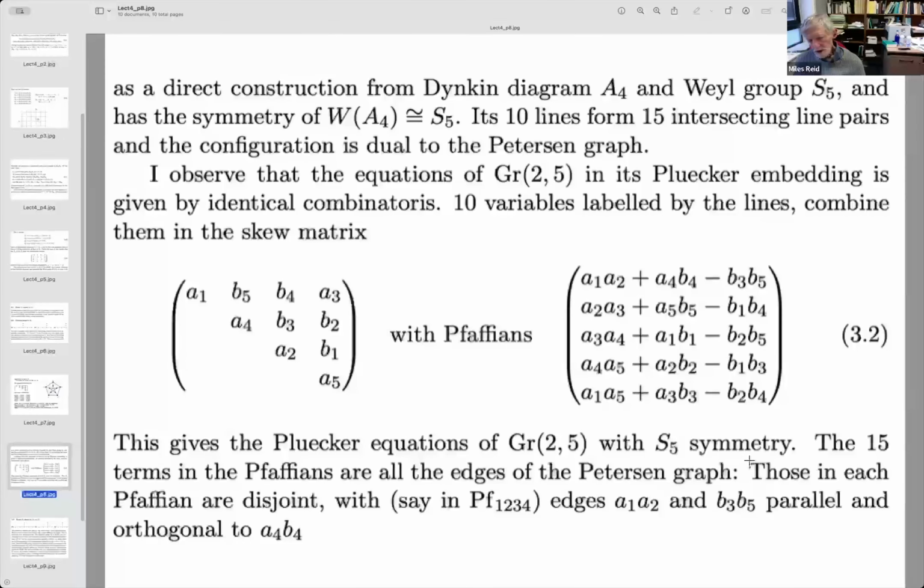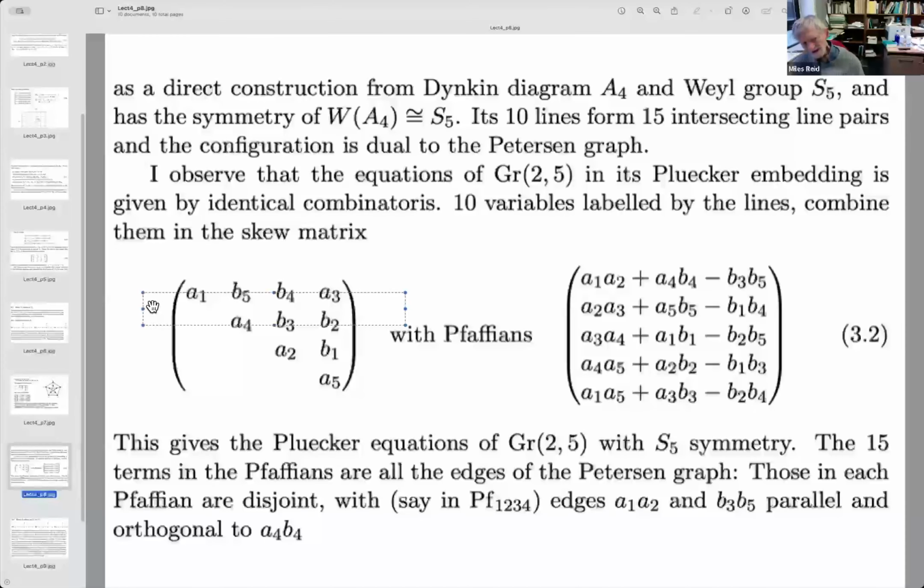So if you do Pfaffians, you only multiply these antisymmetric elements with ones that are not in the same row or same column. This is a skew matrix with minus A1 there.